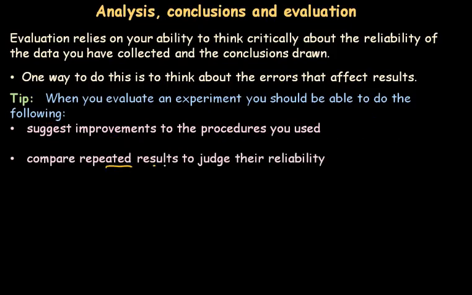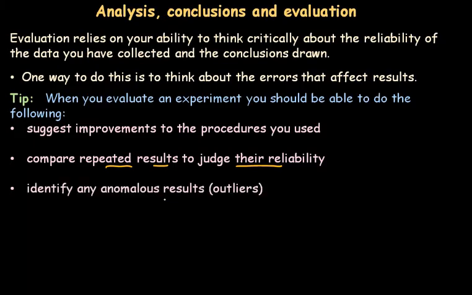Compare repeated results to judge their reliability. That is, you can compare your repeated results and check that they are close to each other, then they can be reliable, or you need to repeat it a few more times to get reliable results.